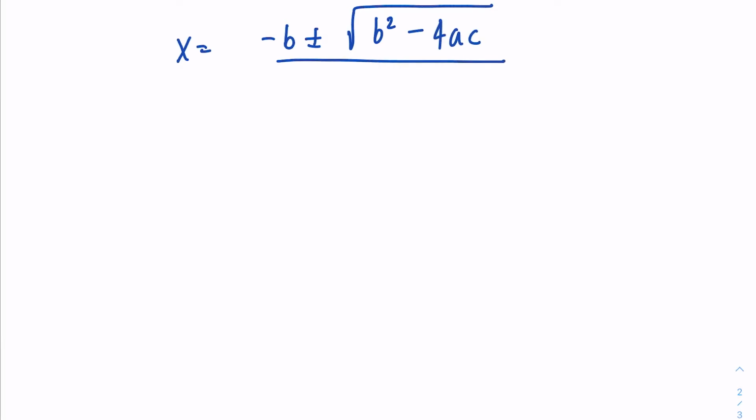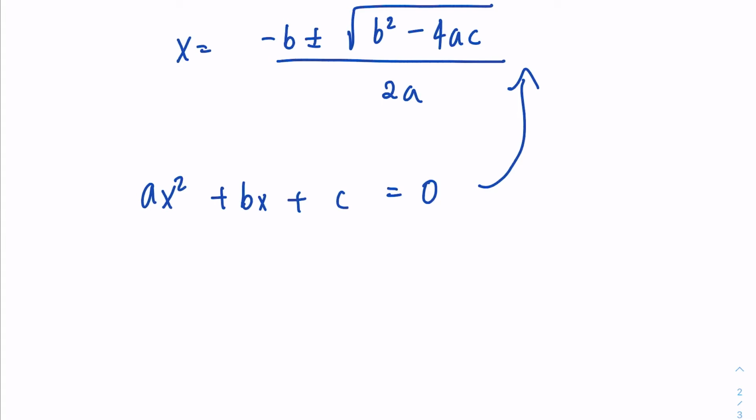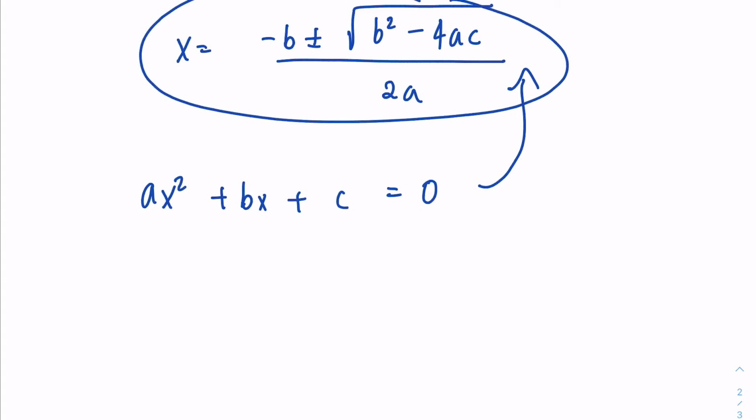This formula can be derived by the completing the square method on a quadratic equation such as ax squared plus bx plus c equals to 0. And this is the quadratic equation that can be solved by this formula.